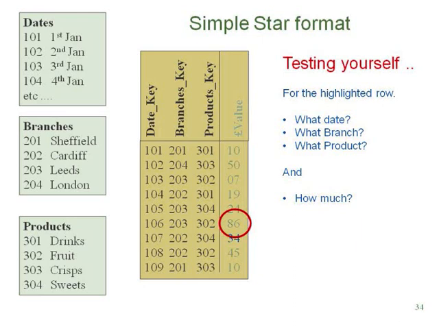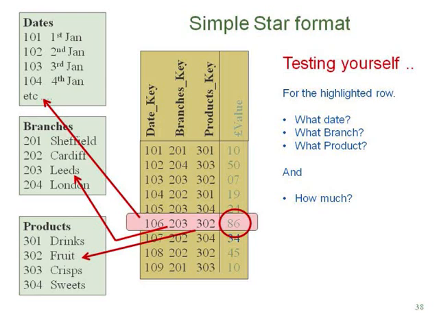In that sales event, which branch was it that sold £86? And finally, what product was being sold? We think the answer was the 6th of January, unfortunately we don't show this on the screen, in the Leeds branch, and it was fruit that was being sold.